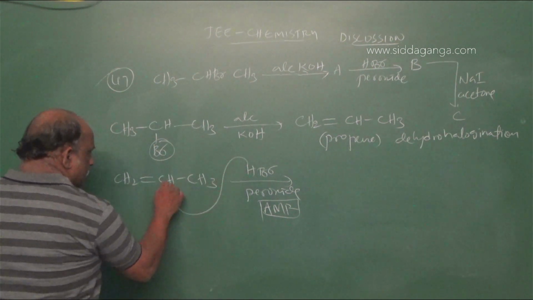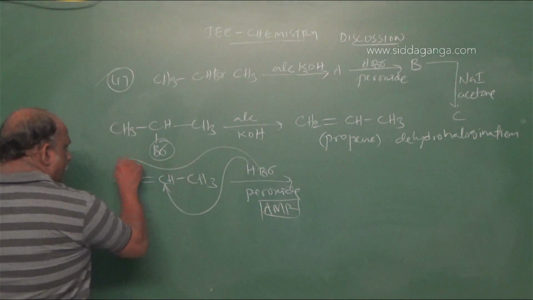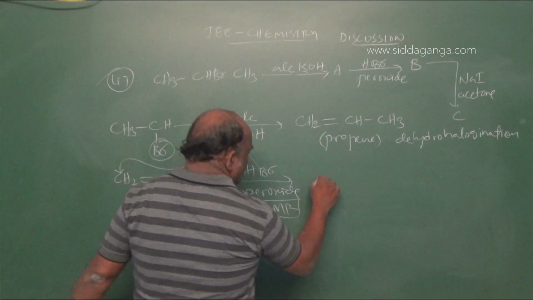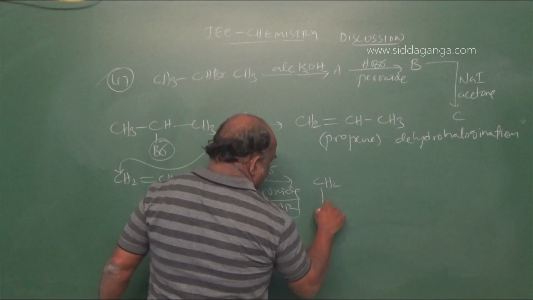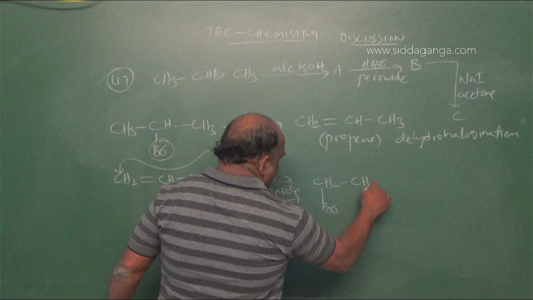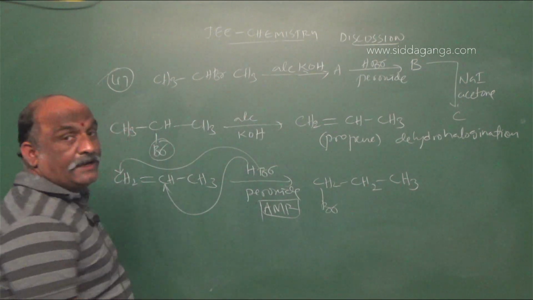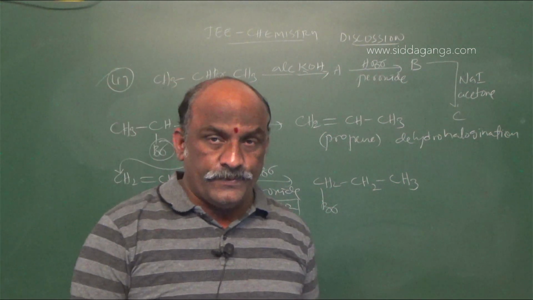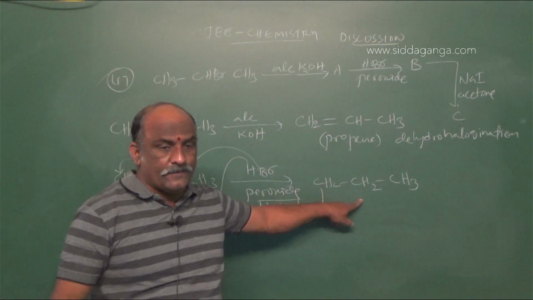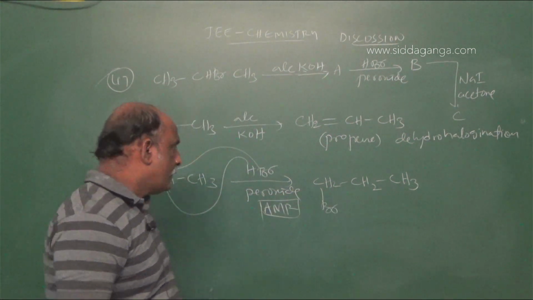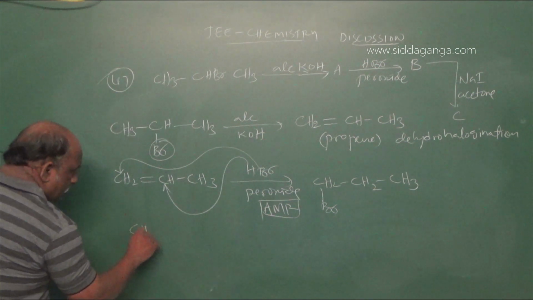So you add H here and Br here. The answer is CH2Br CH2 CH3, which is 1-bromopropane. And the last step is what?